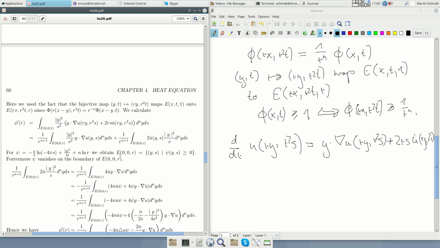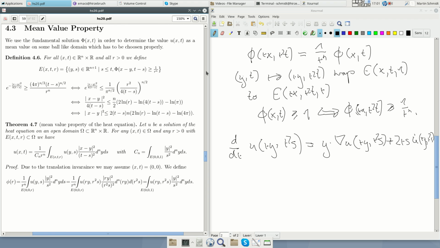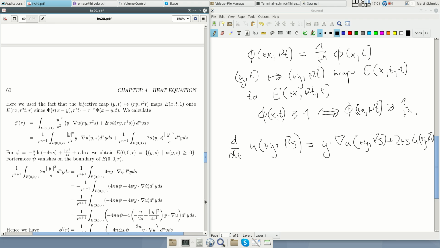describes this ball, and this function is defined just in the way that the ball is the points where this function is positive. Recall, the function is just this expression here, together with this expression.